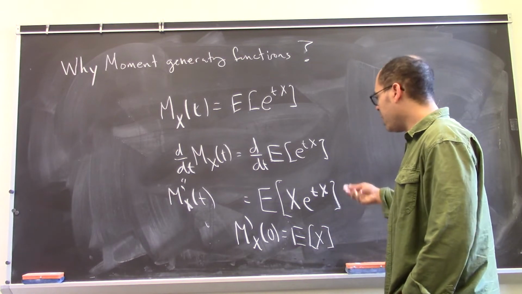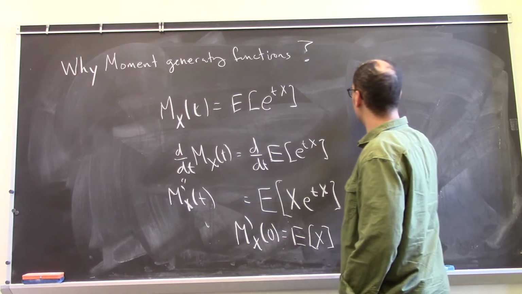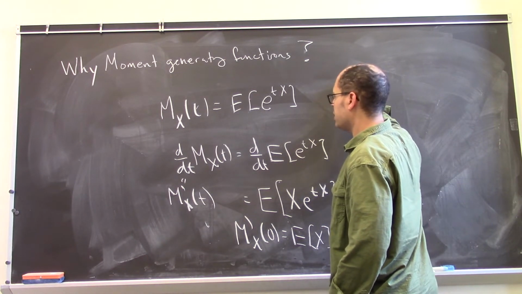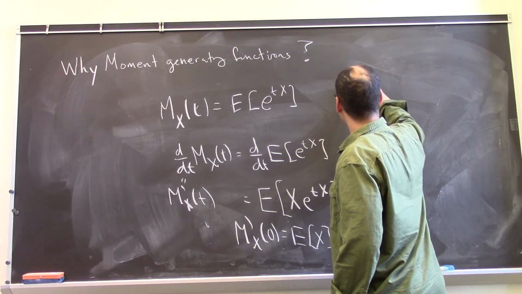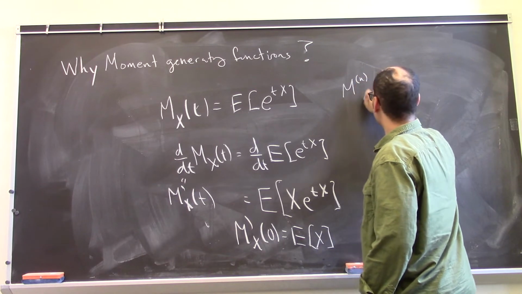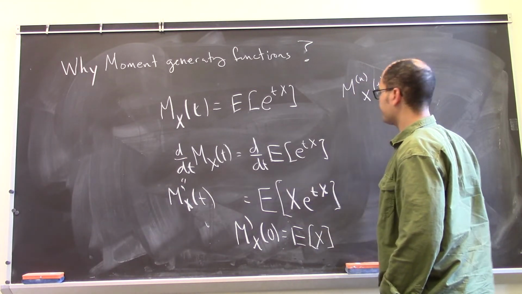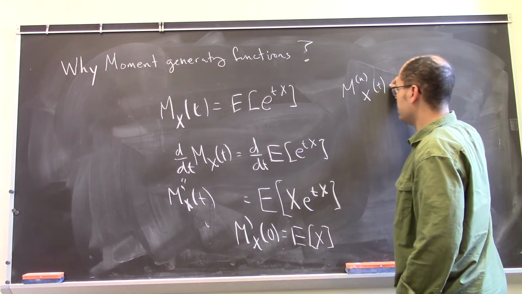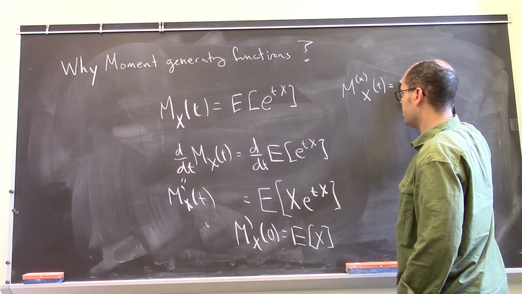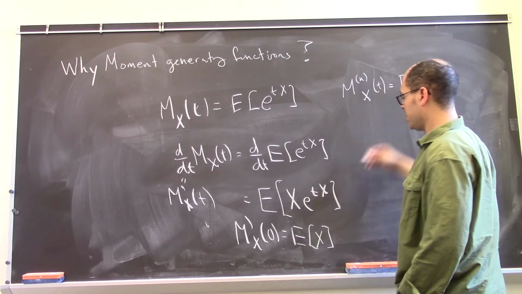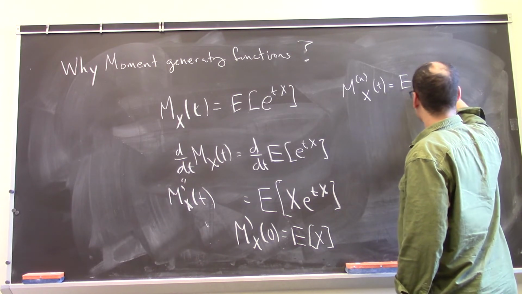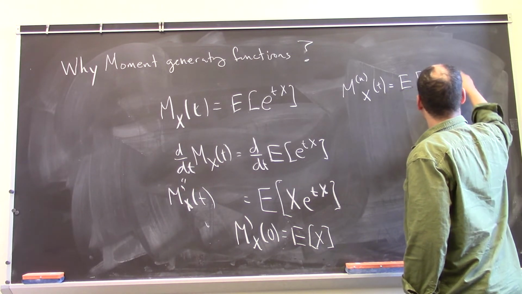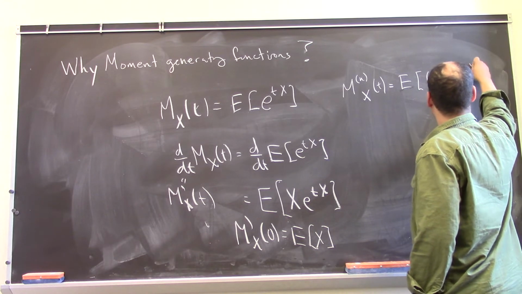Similarly, you can take higher derivatives. If you take the nth derivative of the moment generating function, by this same kind of trick, that's going to be the expected value of the nth derivative of e to the tX.